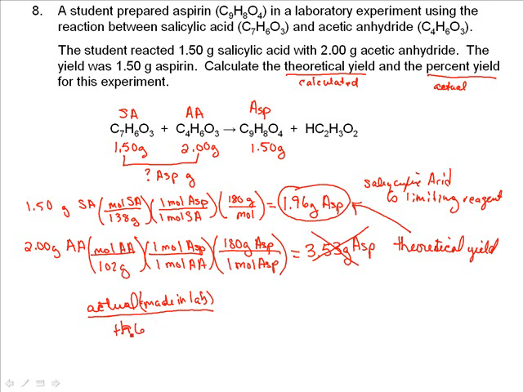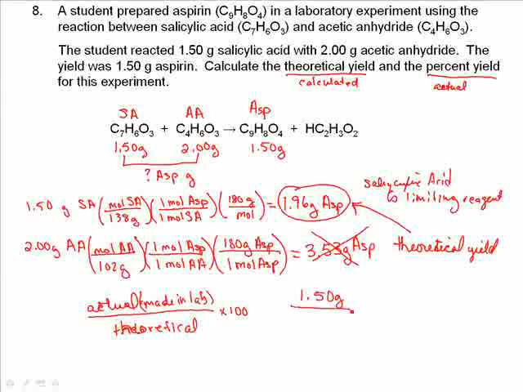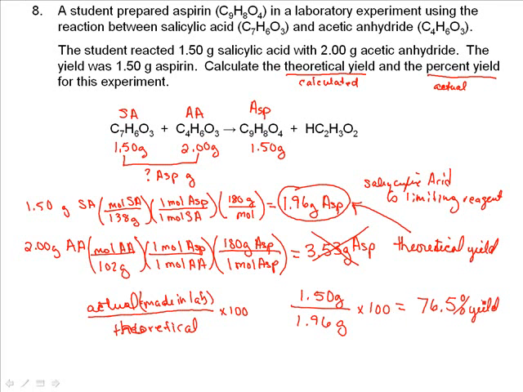Well, let me write theoretical here. Theoretical times 100. So what that is, 1.50 grams over 1.96 grams times 100, and that gives me a 76.5% yield, which is the answer to the second question.